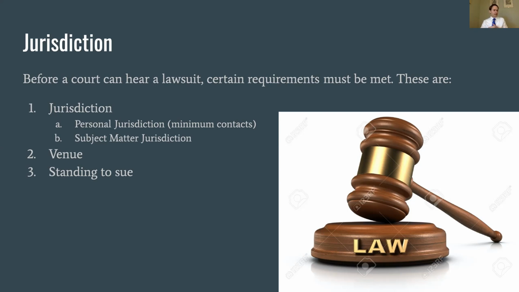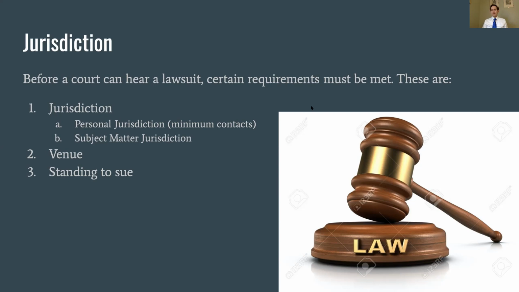Does it make money? Is it headquartered in that specific state? And remember this word, it's not a lot of contacts, it's not substantial contacts, it's just minimum contacts. Does it have a minimum presence in that state? And if it does, yep, we're going to check that off the list.